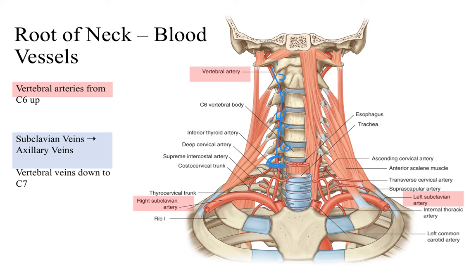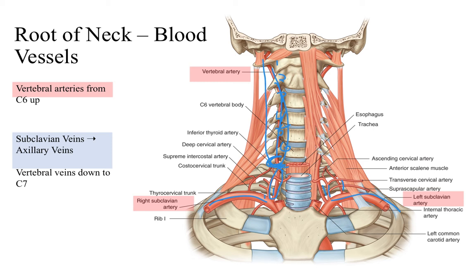And not to confuse you, it's not all of this that's part of the root of the neck. It's this part that's the root of the neck, so the vertebral artery that's going to eventually go up through those transverse foramina. We have the subclavian artery, right side and left side, as well as the branches that are coming off of the subclavian artery.